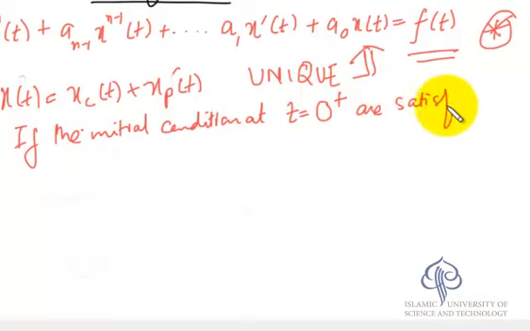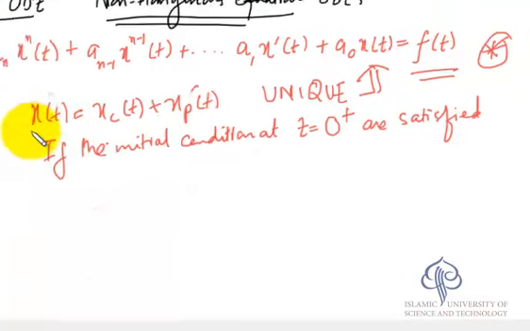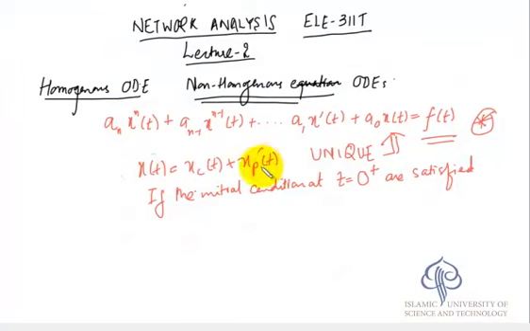This is a theorem in mathematics. I'll repeat. xc(t) and xp(t) as defined earlier. The sum of the two is the unique solution to this differential equation by the uniqueness theorem if this solution also satisfies the initial condition at t equal to 0 plus.